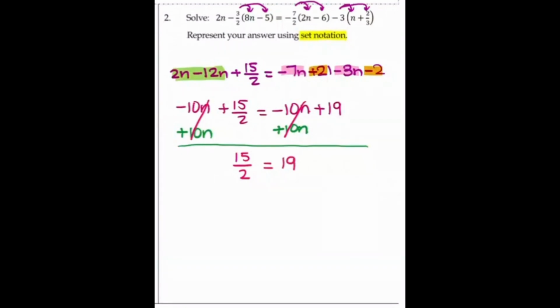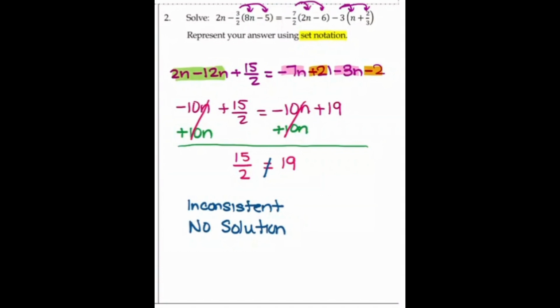This statement is not true. The number 15 over 2 is not equal to the number 19. So since we have a false statement, this is known as inconsistent. When you have a statement that is inconsistent, false, what you are going to say is that there is no solution.